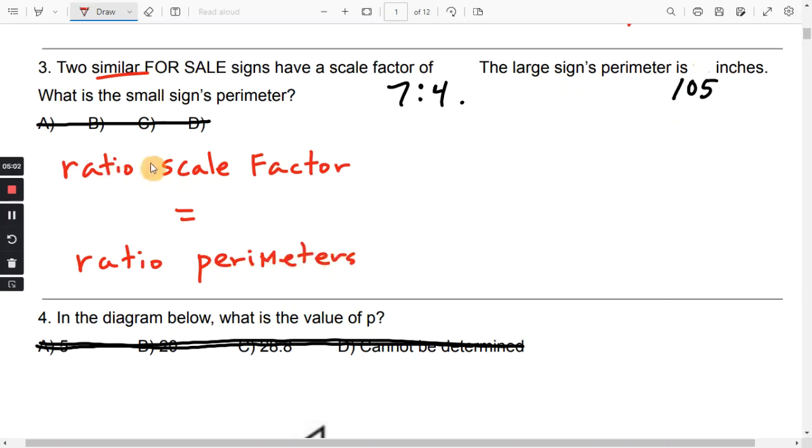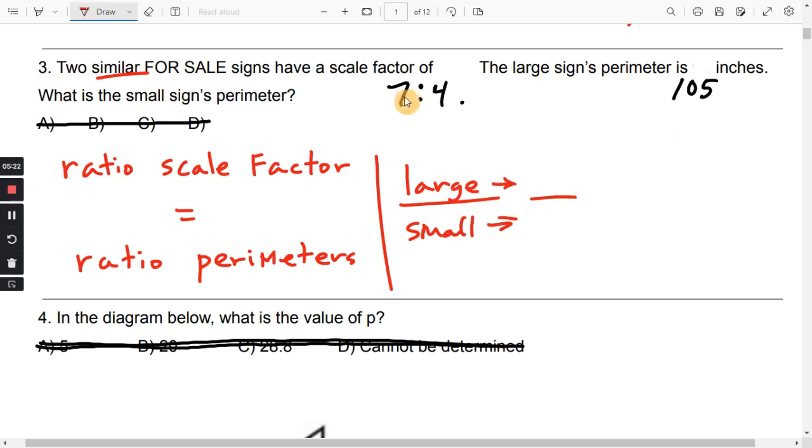All right, this is basically the ratio of the sides, the scale factor. That equals the ratio of the perimeters. All right, so we'll put the large one in the numerator since it is written first, and the small one in the denominator.